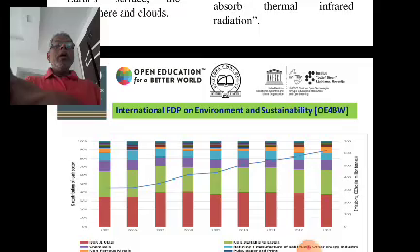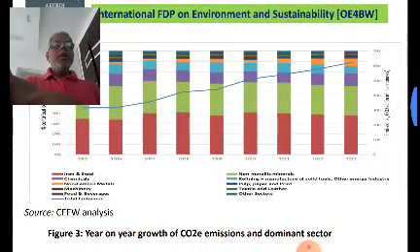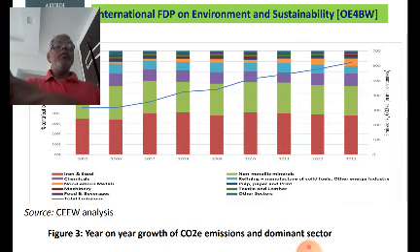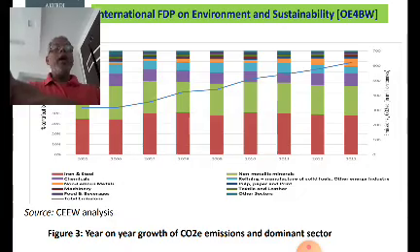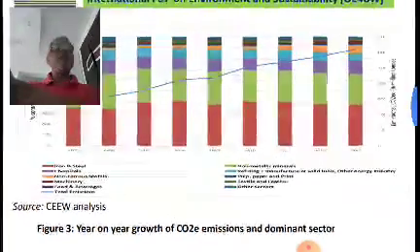Now, there are some statistics here. In this slide, year on year growth of CO2 emission by the different sectors. From these slides, you will come to know why I chose the iron and steel production sector.